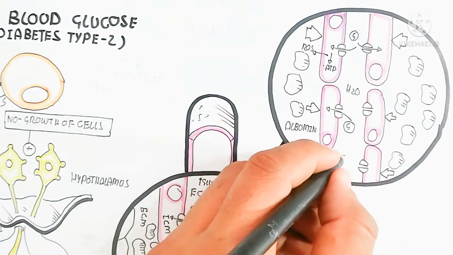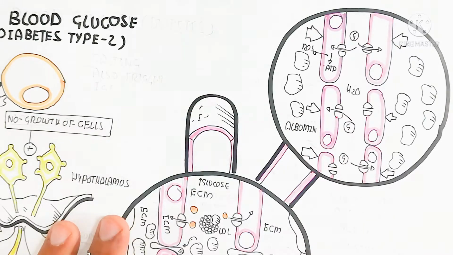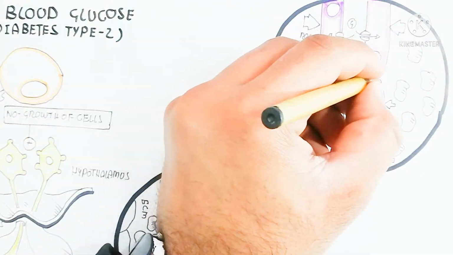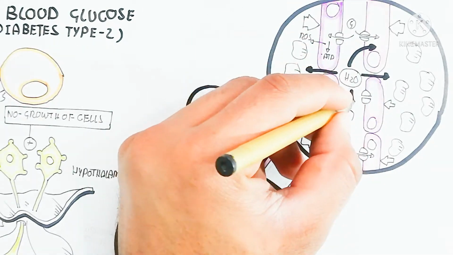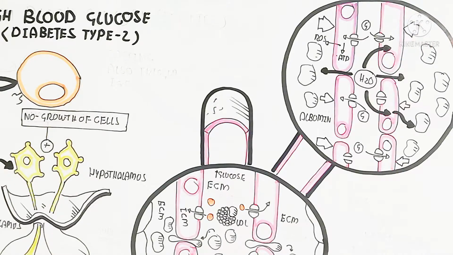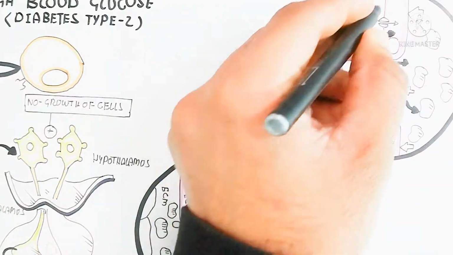So here it passes from the blood vessel, and the water also follows the albumin protein due to the negative charge of the albumin protein. This movement will lead to a decrease in the volume of the blood vessel.